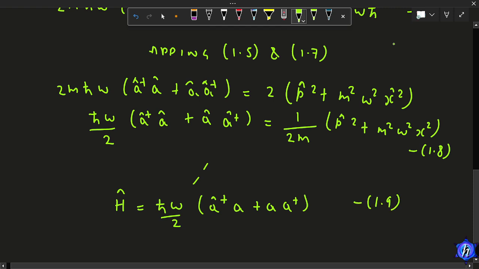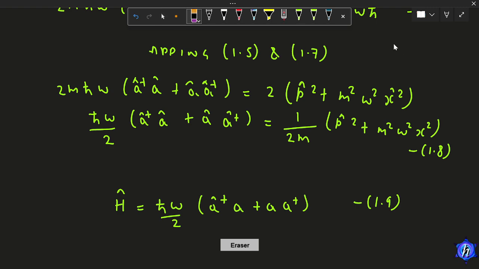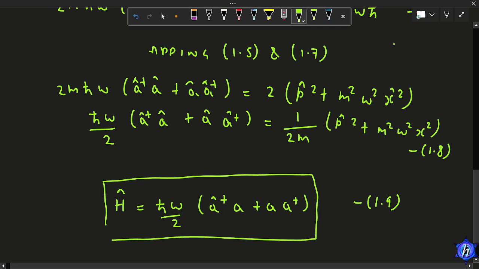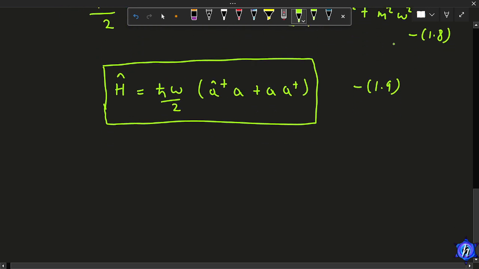This is my equation 1.9, and you see my Hamiltonian operator is simplified to this. So what we have done is we have written the Hamiltonian of the simple one-dimensional oscillator in terms of creation and annihilation operators. Now this form is very useful for us, so we will use this. That's why I boxed it. Now what we want to do is, they actually satisfy the following commutation relationship. Let's find a a dagger.